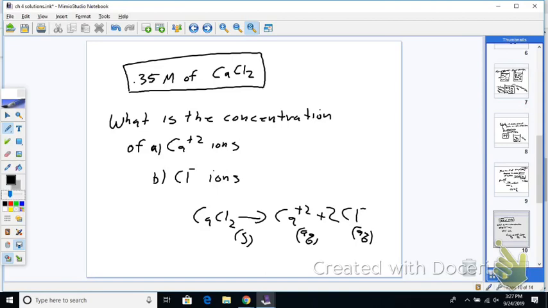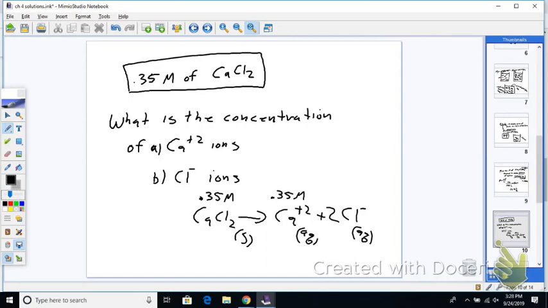Based upon our discussion, we don't even have to do a problem on this. If I have 0.35 molarity of this solution, what's the molarity of calcium ions? You still use the ratios. So what would it be?